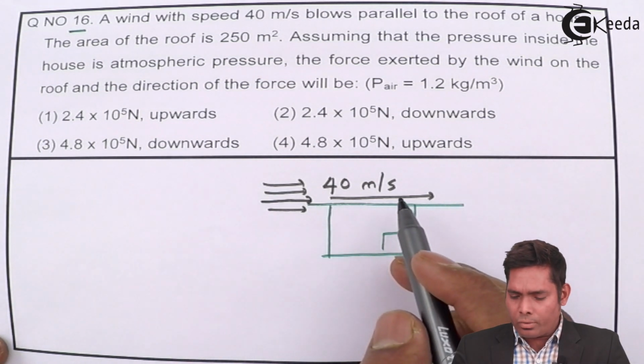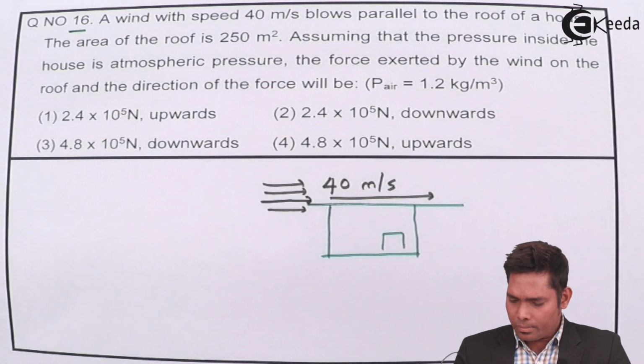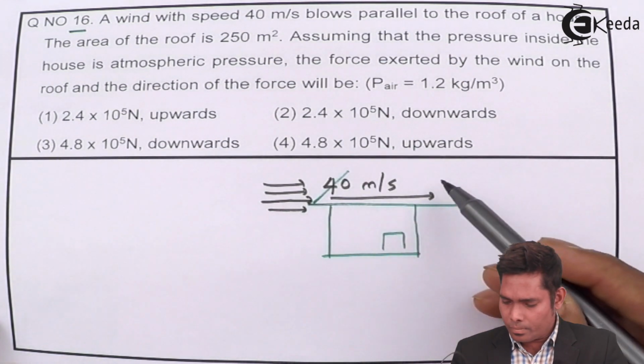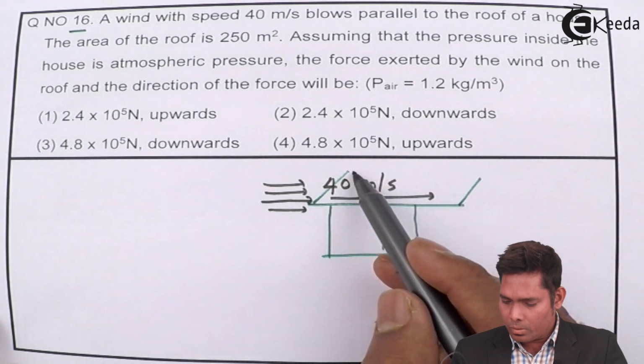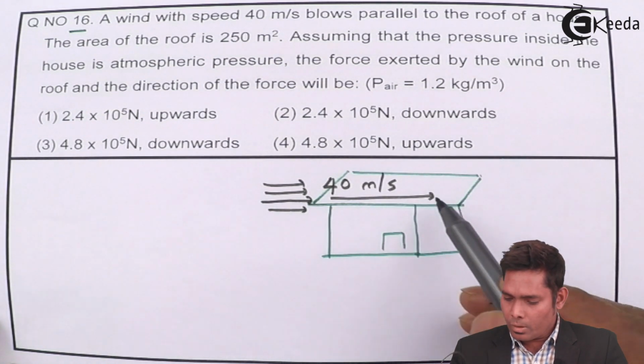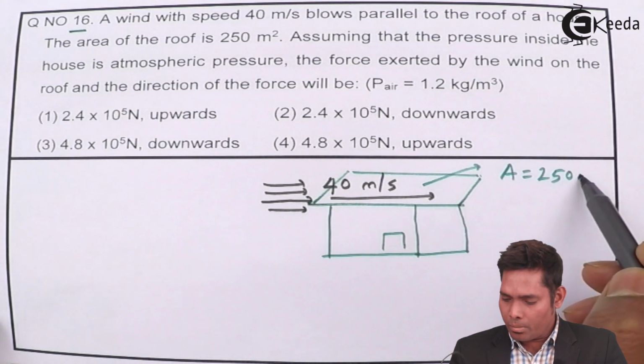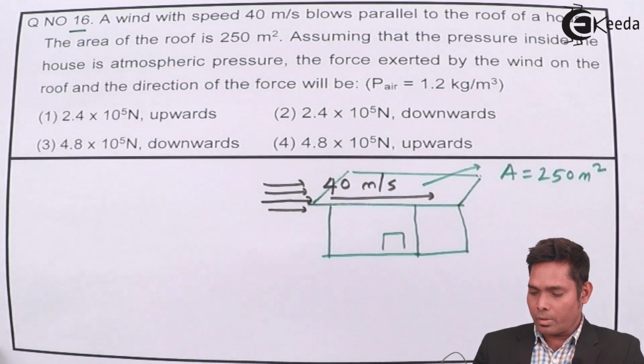The area of the roof, suppose the area of this roof is A, which is 250 meters square.